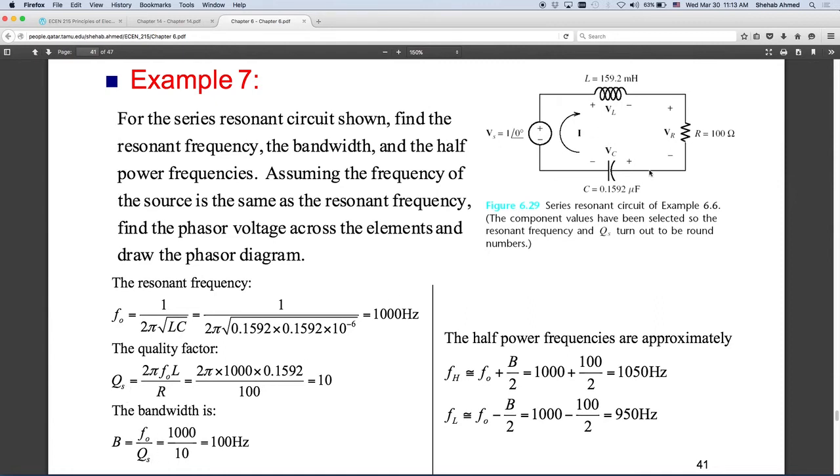Given your L's, C's and R's, you calculate the quality factor, then you can calculate the bandwidth, and then the half power frequencies, just by substituting into the equations. You have to understand the physical significance. Any questions on this?